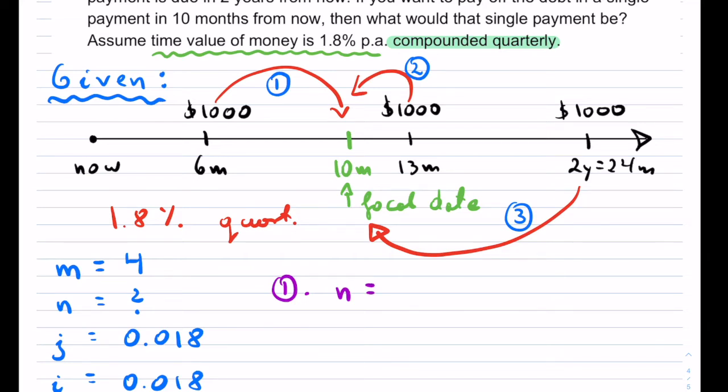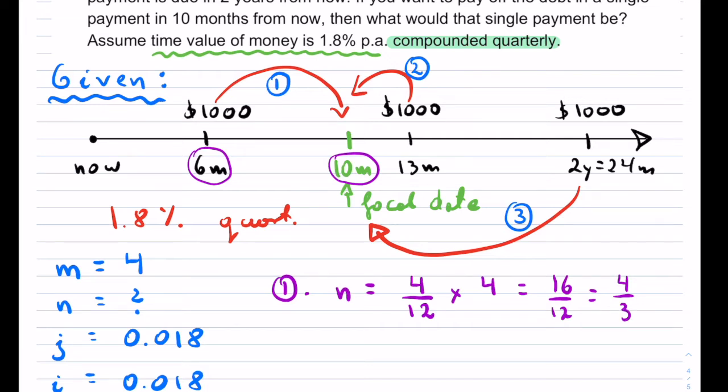N is the number of years multiplied by M. I am moving from 6 months to 10 months, so that is only 4 months. 4 divided by 12 gives me the number of years, multiplied by 4, which is M. So this is 16 over 12, or simply 4 over 3.